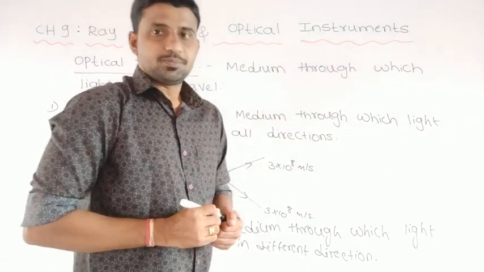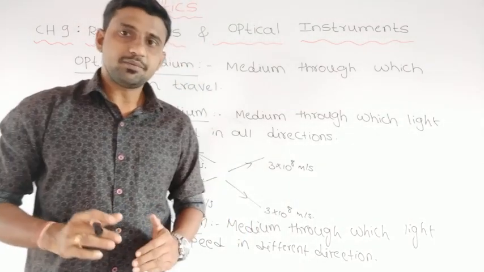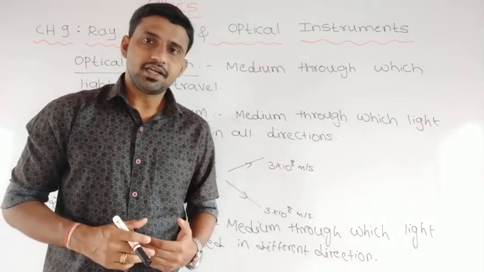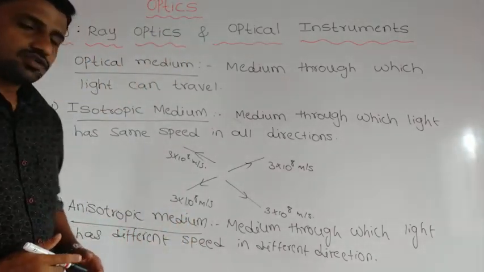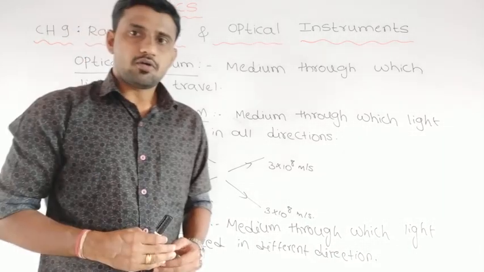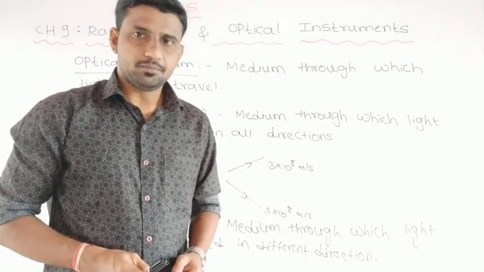That means speed of light is not the same in all the directions. Then that type of optical medium is called an anisotropic medium. So these are the two main types of optical medium.